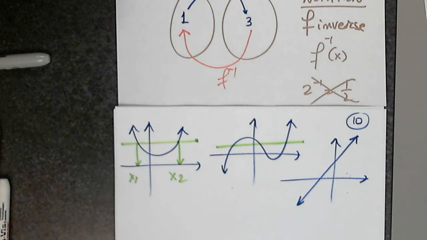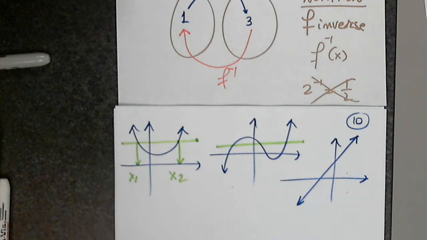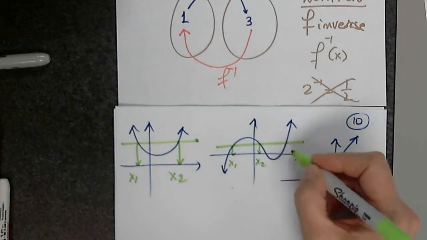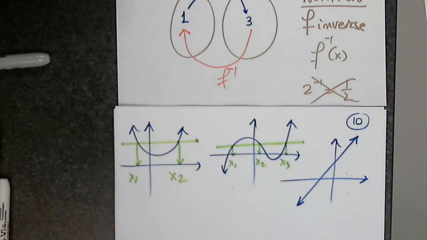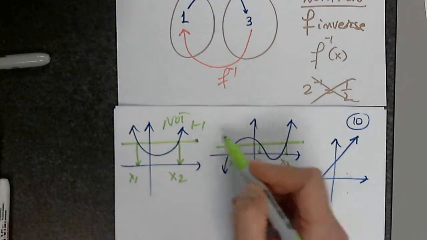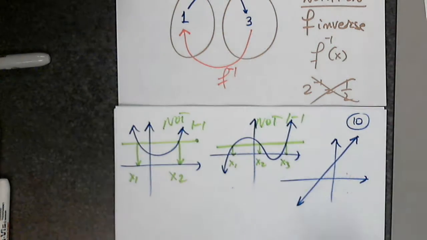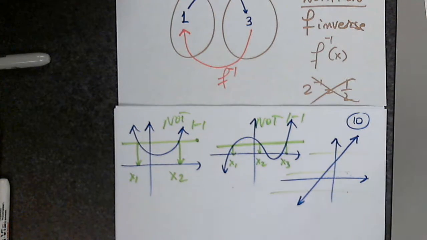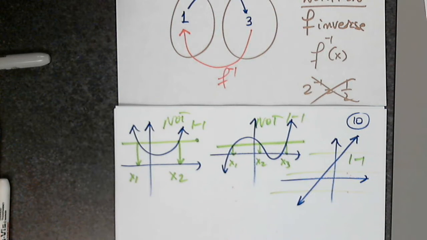What about the cubic function, which we will discuss in chapter 3? Is this one one-to-one? No. Look at how many x values: x1, x2, x3. Definitely not one-to-one. What function is this? Linear. Is the linear function one-to-one? Yes. Definitely. Is this function that took me a minute to graph because the system was frozen one-to-one?